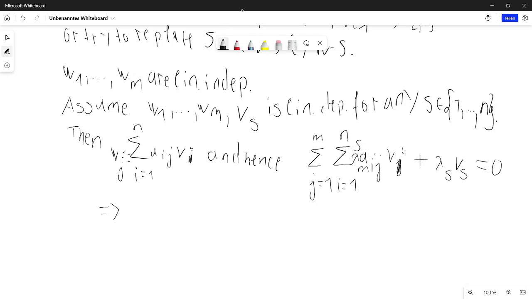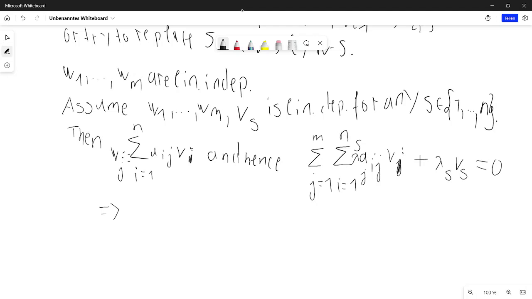And for each such choice with an s, we just get specific lambdas, and lambda is not in n, it is in g, because lambda_s is an index for each choice of the v in this sequence of vectors, and j is just going through all of them within the choice for all w's, right?